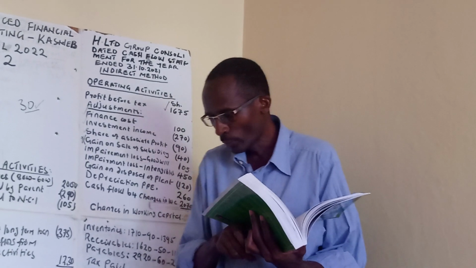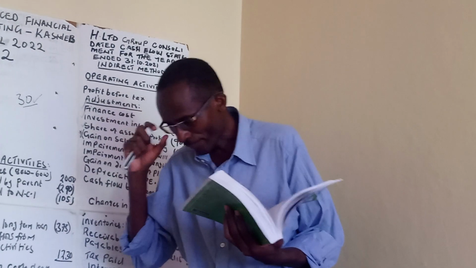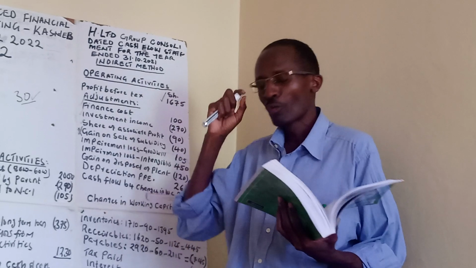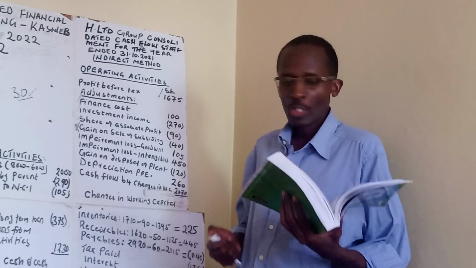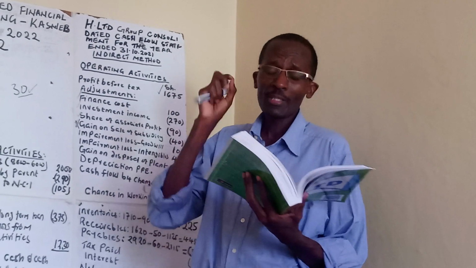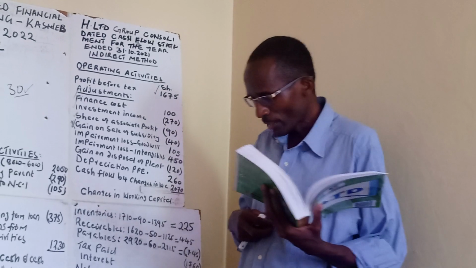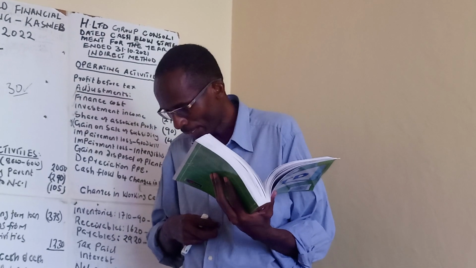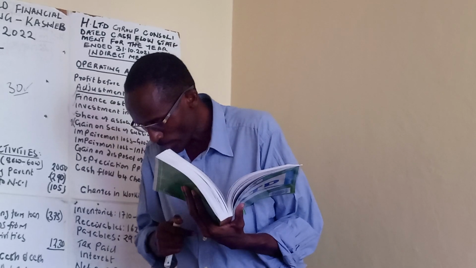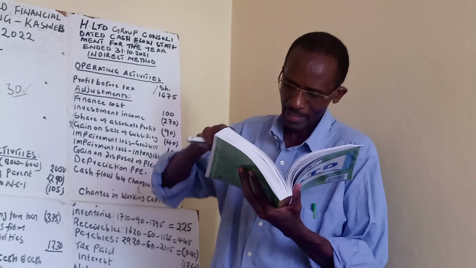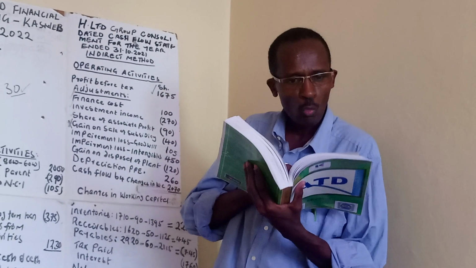That is a goodwill which is arising as a result of the acquisition of the subsidiary. We have been told that the subsidiary was acquired some time back, and they spent how much was that? 230 to be exact.